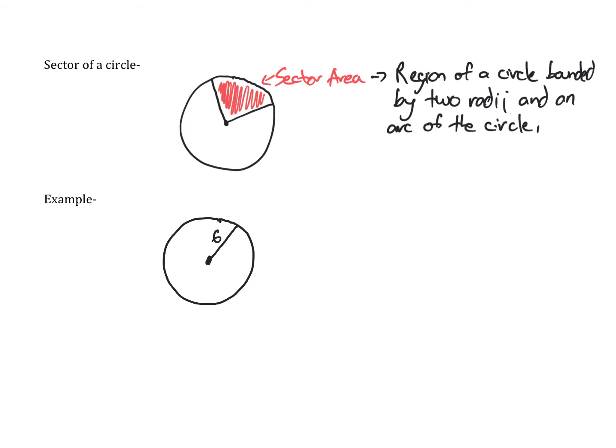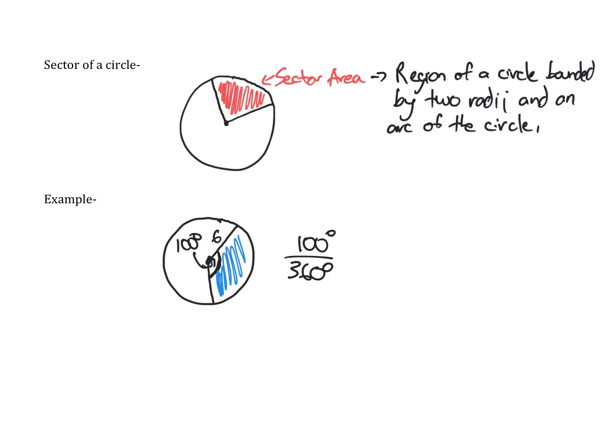Let's say we want to find the area of a sector whose central angle is 100 degrees. So the central angle in here is 100 degrees, and I want to find the area of this slice right in here. We know a circle has 360 degrees. So what I'm trying to find is the area of a sector whose central angle is 100 degrees compared to the 360 degrees in a circle.